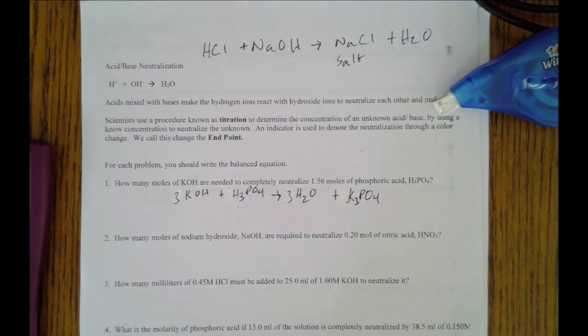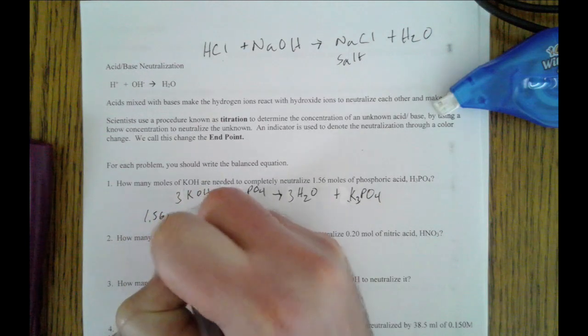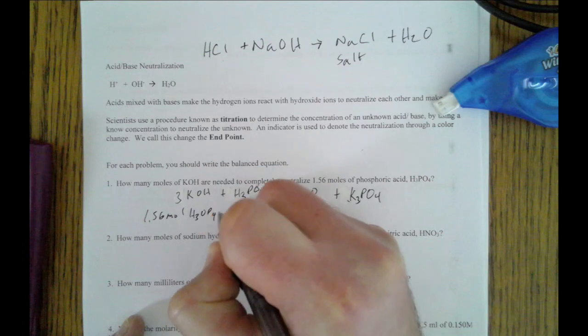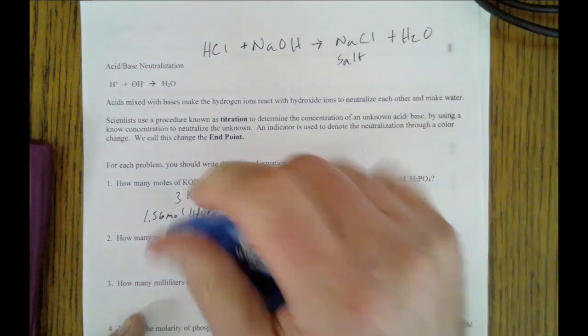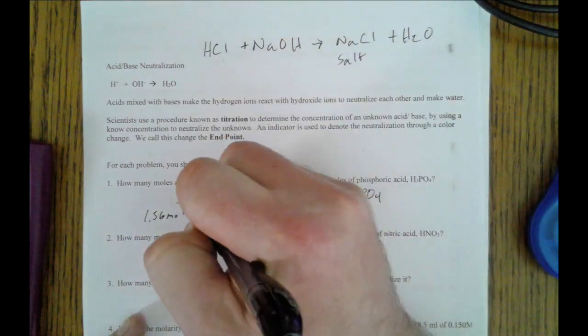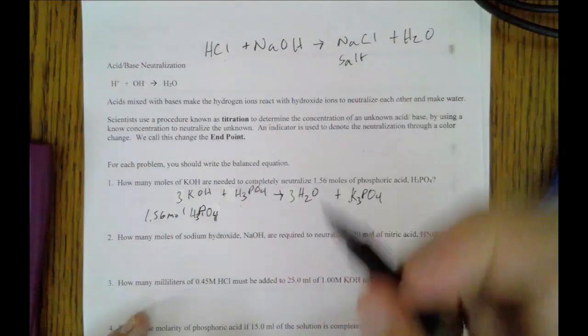Now we can use dimensional analysis, just like we always do, to solve this. We start with 1.56 moles of H3PO4. So what has to go on bottom?